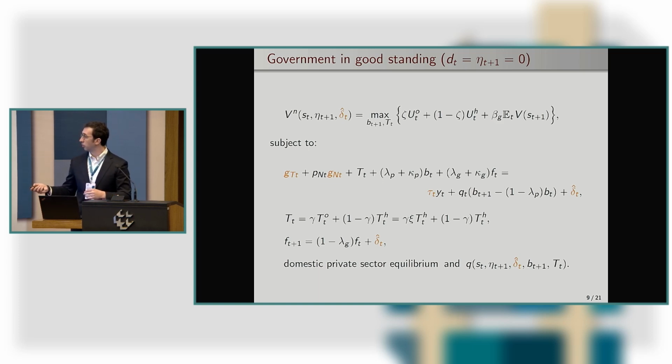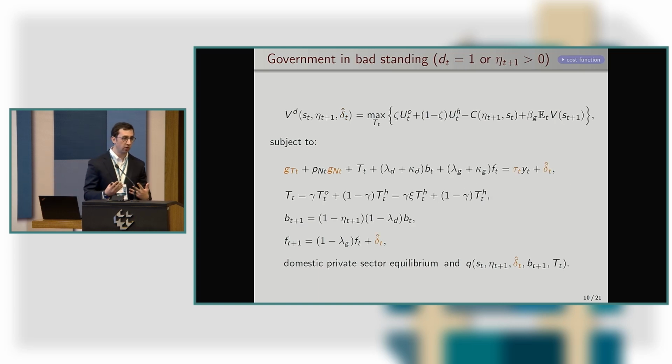This is the law of motion for official loans, and so all these choices are being made subject to the government's understanding that after the government chooses, private agents are going to choose. There's a similar problem in default, but when the government is in bad standing, it does not have access to issue this private debt, and so it just chooses transfers, and the budget constraint looks similar with potentially different maturity rates here, and there's no revenue from private debt issuance.